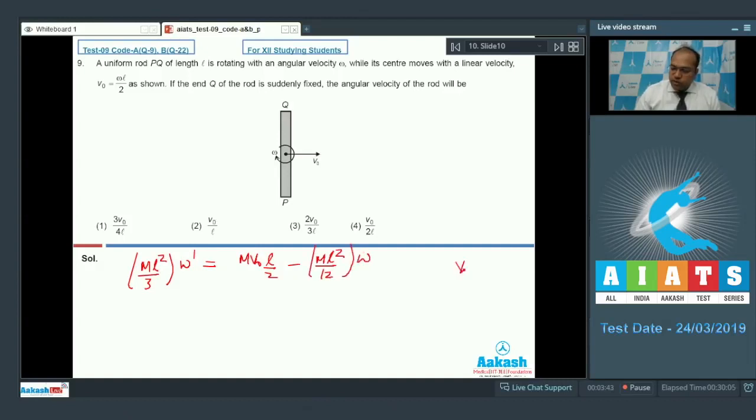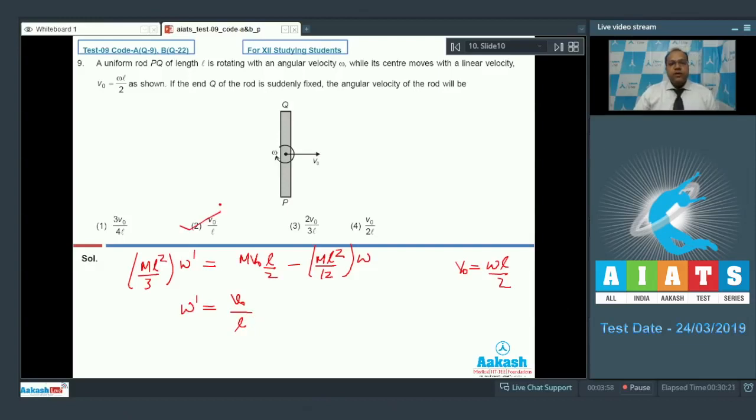And we know that v0 is equal to omega L by 2. So if I substitute this here and find out in terms of v0, then omega dash comes out to be v0 by L. So option 2 is the correct answer.